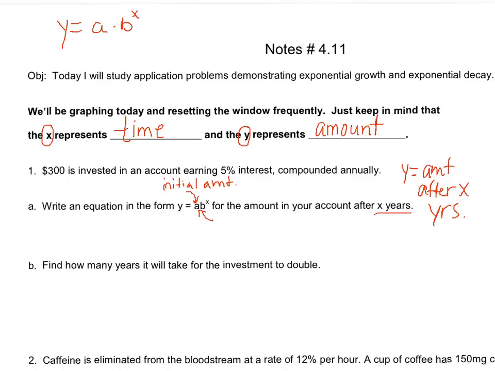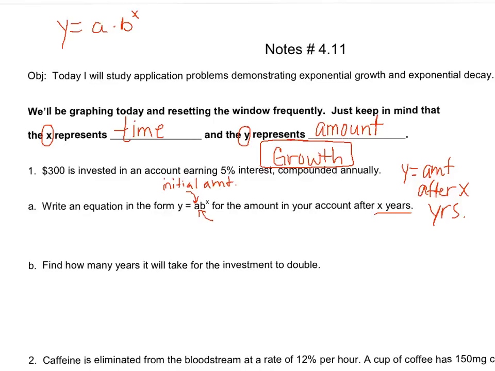In this particular case, we have a growth word problem because $300 is being invested in an account and it's earning 5% interest. So we hope that our amount of money is going to be growing. So the very first thing I need to decide is, is this a growth problem or a decay? Well, in this particular problem, it is growth because we want our money to grow.